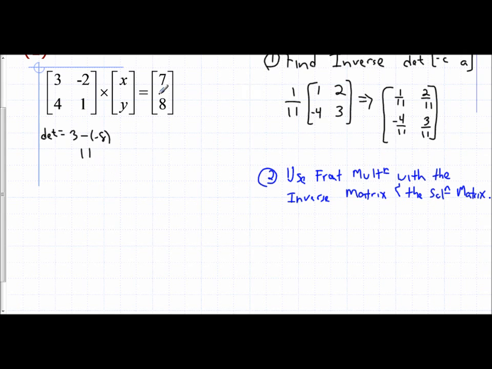So my variables of x, y is equal to my inverse matrix being in the front.